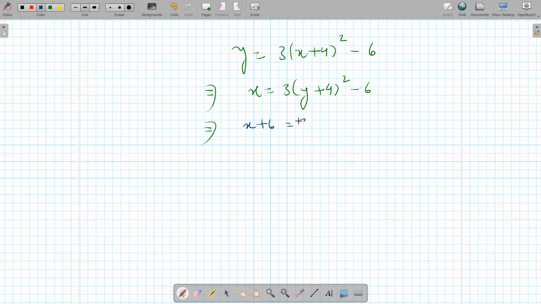What do you think the next thing is? Do not open the brackets. We will never open this bracket. So we can only divide by 3. Now this is gone. What do you think is next? We don't want to open the brackets. Use square root. Yes. If we square root it, from this side, the square cancels out. You get y plus 4. What do we get on the other side if we square root it?